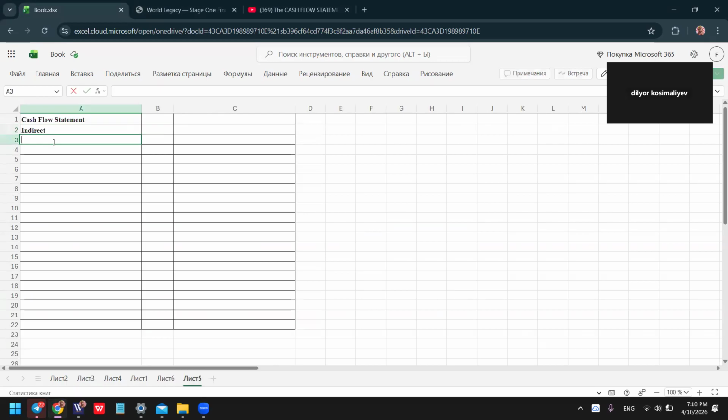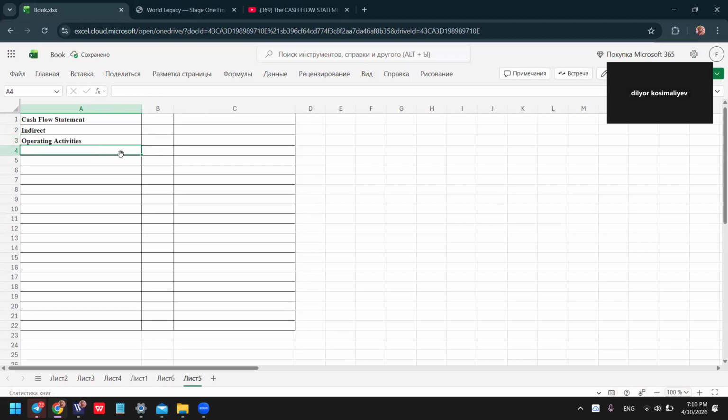We divide the cash flow statement into three sections. The first section is for operating activities. Here we will be recording transactions, and we will be counting the balance for the ones that directly relate to our core activities.